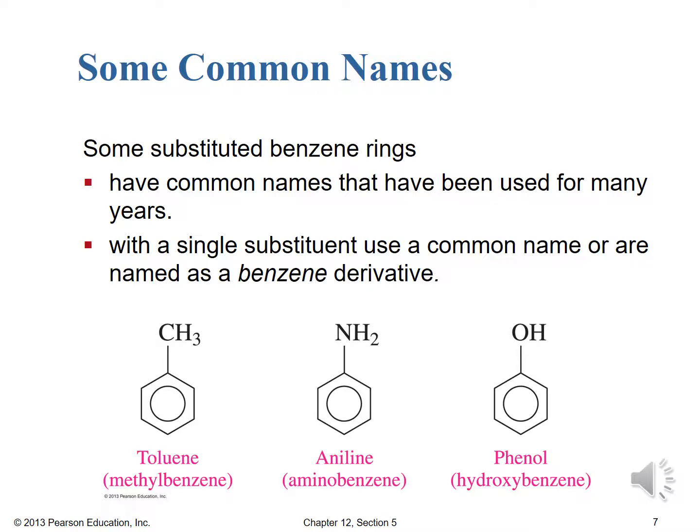Finally, instead of hydroxybenzene, you're much more likely to see that last compound on our right known as phenol, and it's important in terms of disinfectants, and it was used in hospitals for a long, long time. It's still either phenol or derivatives often used as disinfectants, even in this modern day. So lots of important applications, and these 3 have been known for quite a long time, and therefore the common names tend to predominate.